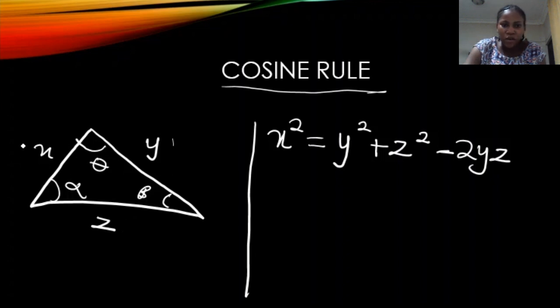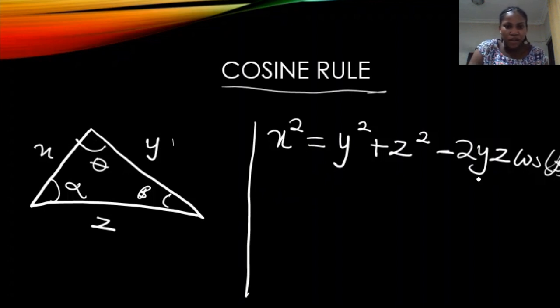So first we take the square of one side, then we relate it to the other two sides and the angle between those two sides of the triangle. So that will be the cos of theta. This is the cosine rule.